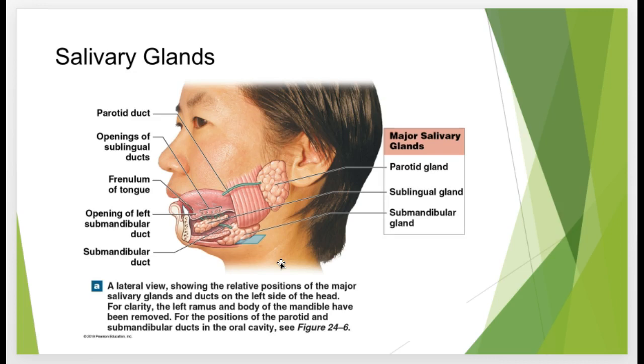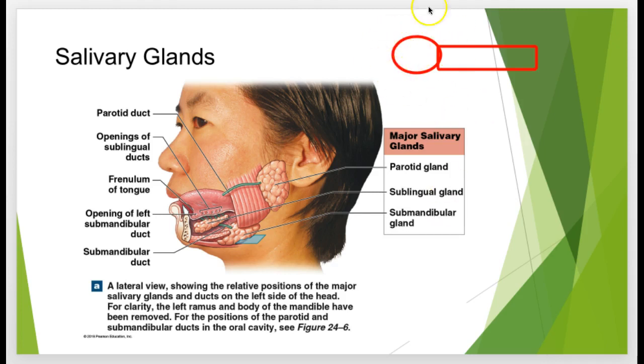You also have a unique structure for your salivary glands. Let's see if I can draw this. Your salivary glands have this really cool shape where they have acini and ducts.